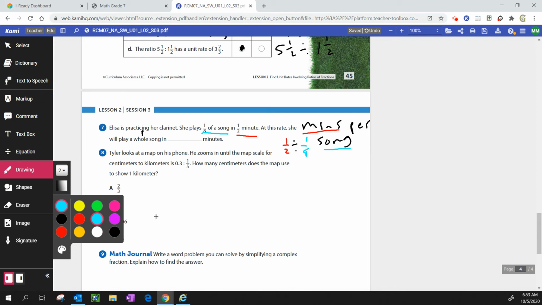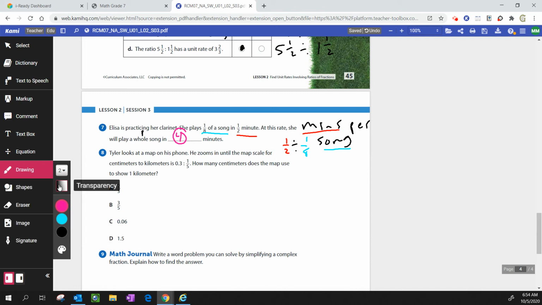And so I get my final answer of 4. So that one's kind of tricky when you do the dividing because you got to figure out where the 1 is and what order the labels go in. Because if you divide the other way, it's not going to give you an accurate answer. So drawing a table might be a super good strategy for this one instead of doing the dividing if you want.